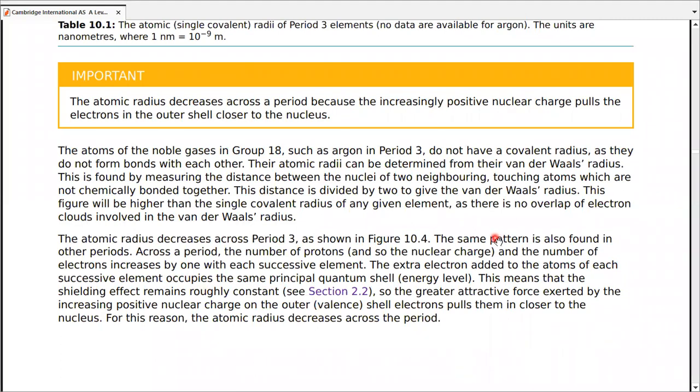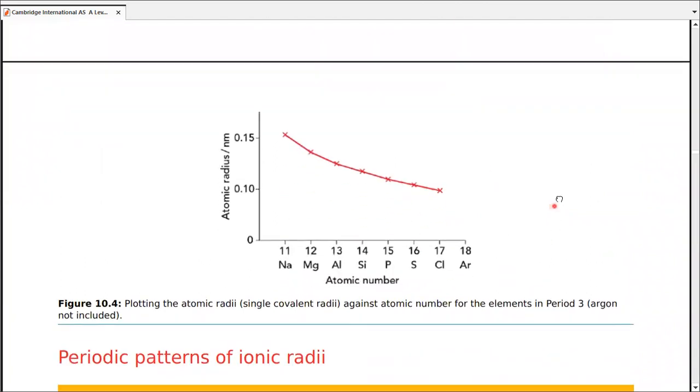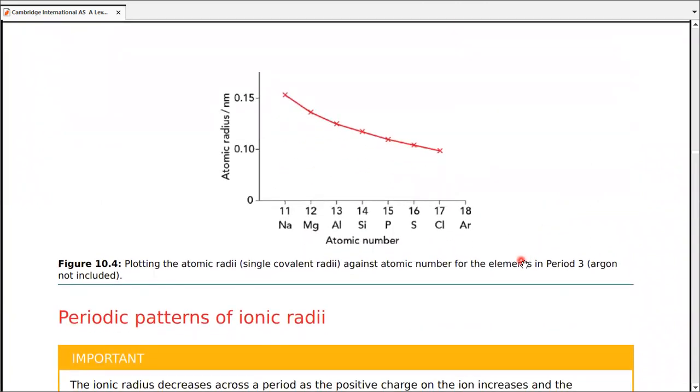This means that the electron shielding remains roughly constant. The attractive force exerted by the increasing positive nuclear charge, since we're filling it step by step, pulls the electrons closer to the nucleus, for which the atomic radius decreases across the period. That's how we can say it.